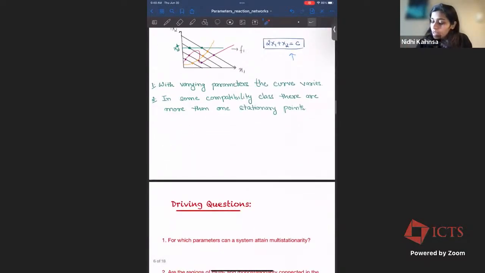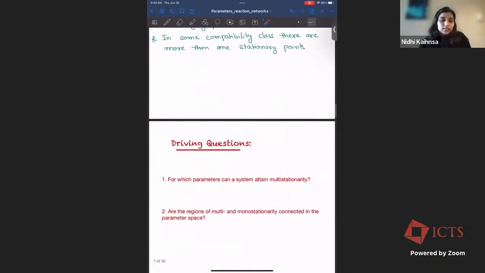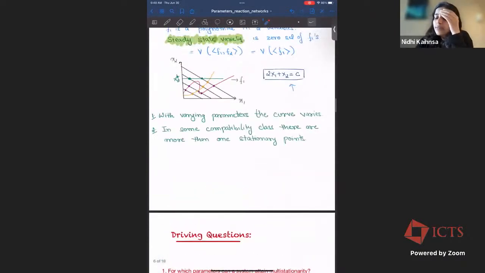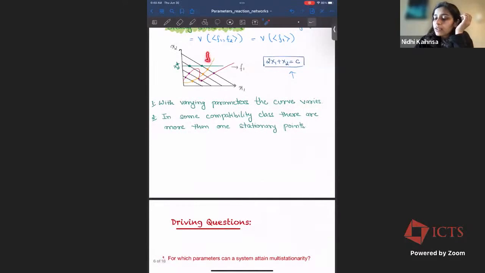Right. So this gives us some of the driving questions. For which parameters can the system attain multistationarity? Like in this example, we had some parameters for which we only have one stationary point in each compatibility class, but for some different parameters, we have multiple stationary points. So we want to know which parameters can give us multiple stationary points, meaning the existence of some compatibility class where the parameters give us multistationarity.